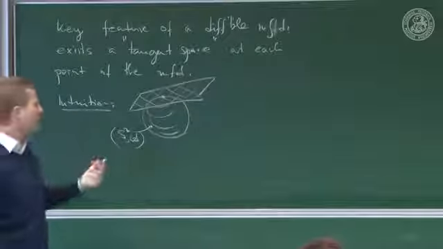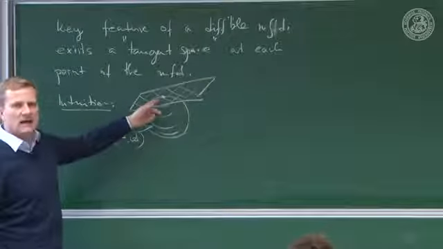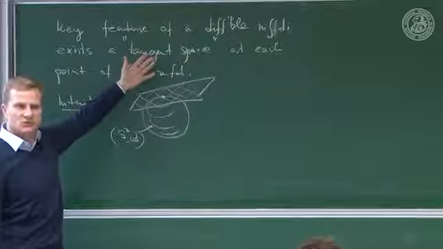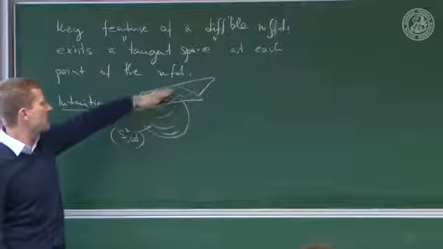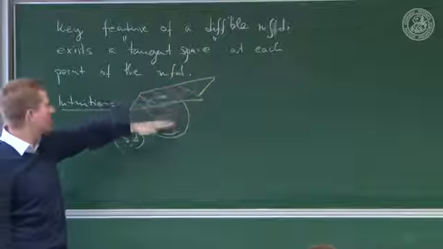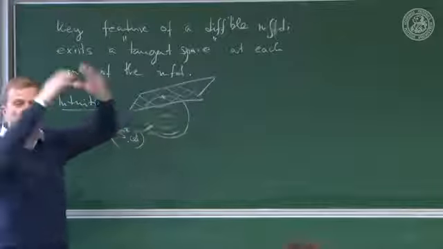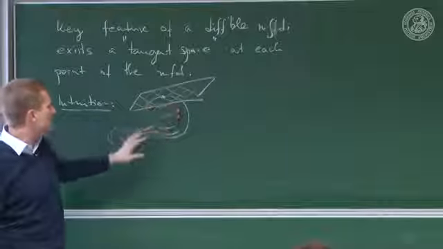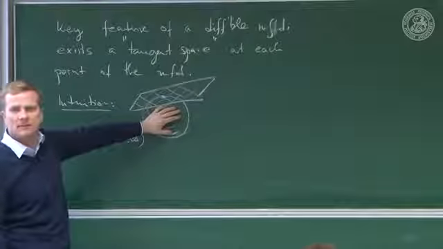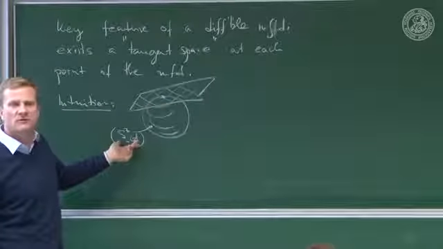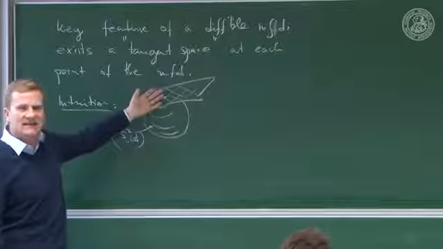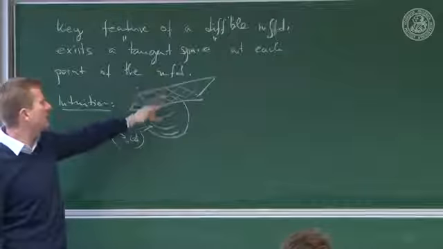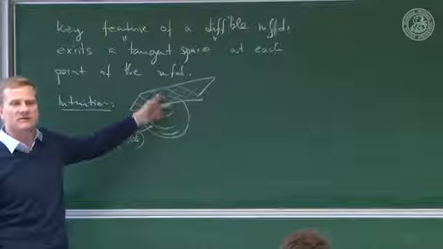You immediately get the feeling, well, hang on, this now starts making reference to the space into which this is embedded. Because this tangent plane, as it's drawn here, is a part of the space in which I think this thing to be embedded, but which has nothing to do with the smooth structure, because that is quite independent of the embedding, okay? And indeed, this is not the way we are going to define these tangent spaces.